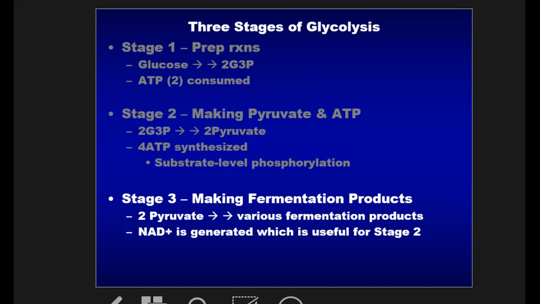And so they keep recycling, like they'll use NADH and then it goes to NAD plus. Then NAD plus can go and get converted back to NADH. And so I'll show you what I mean here when we look at the diagram. But having that NAD plus generated in stage 3 is useful because it can keep pushing glycolysis going forward and keep going and keep going.